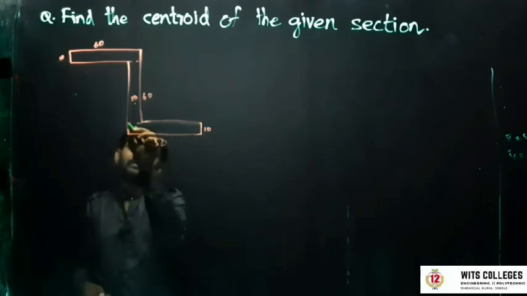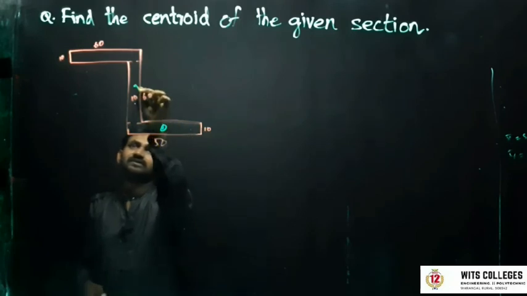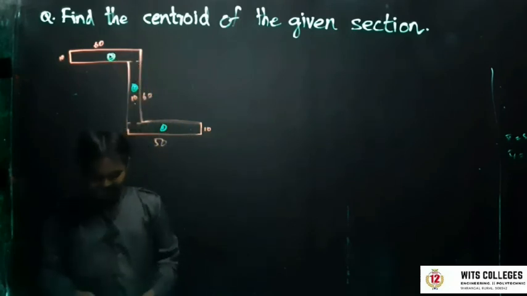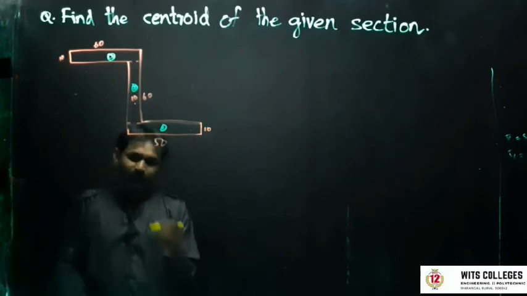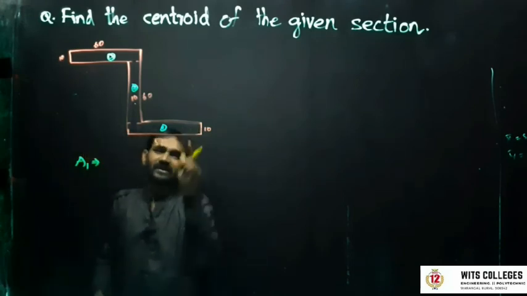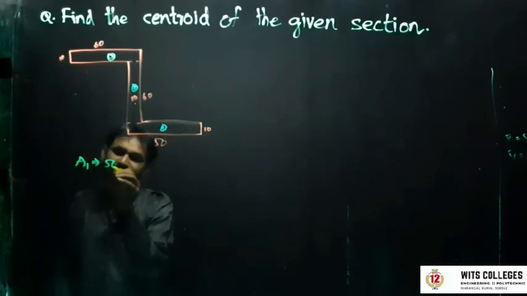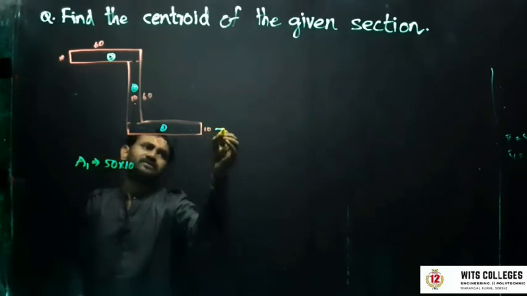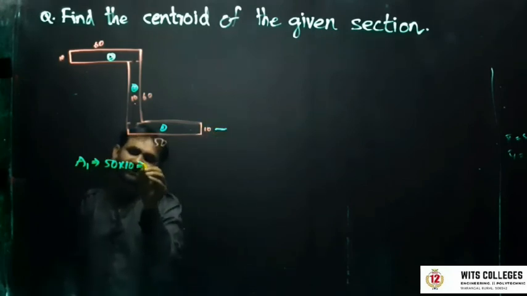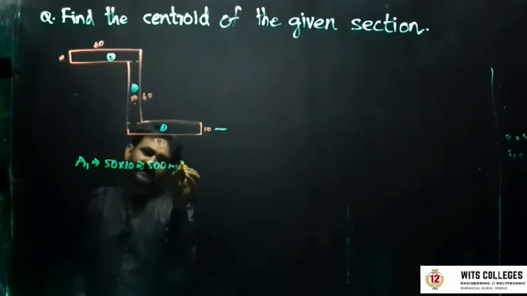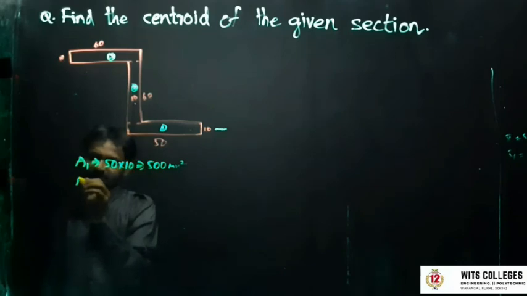First of all, I have divided the section. This is 1, this is 2, and this is 3. Now let's solve the problem by finding the areas. A1 is the area of this figure, that is 50 mm into 10 mm. All the units are in mm, please. So this is equal to 500 mm square.